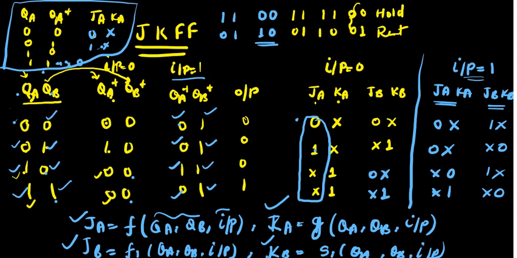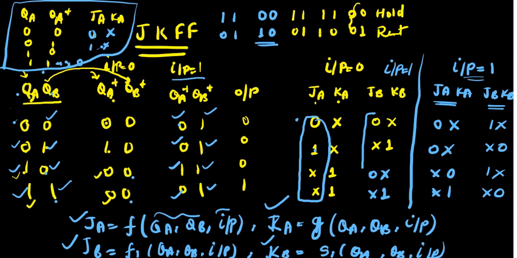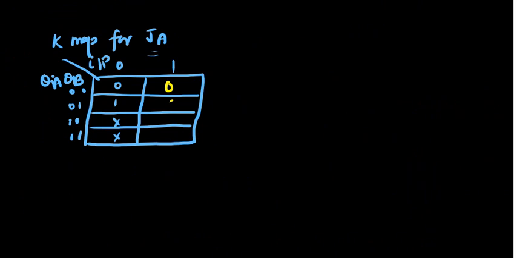Sorry, when input is 1, it was my bad. We have to copy this column, correct? 0 0 cross cross, 0 0 cross cross.